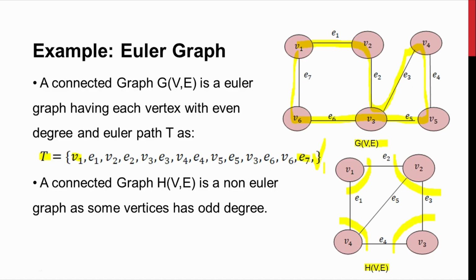A graph has an Euler circuit if and only if the degree of every vertex is even. Here we have 2 vertices, V2 and V4, that have an odd degree. So this graph has an Euler path but not an Euler circuit.